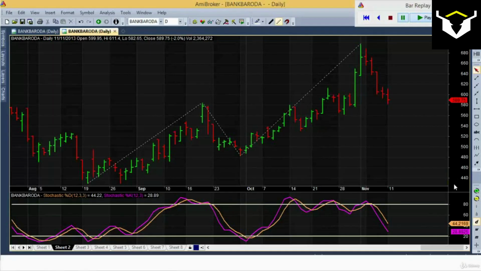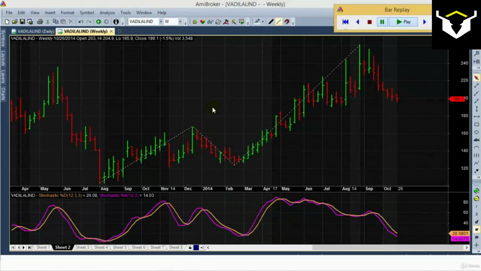The following is a chart of Bank of Baroda, a daily chart for 11 November 2013. As of the last bar, you can see it has unfolded itself into a 5 non-overlapping wave structure. Following is a weekly chart of Vadilal Industries.